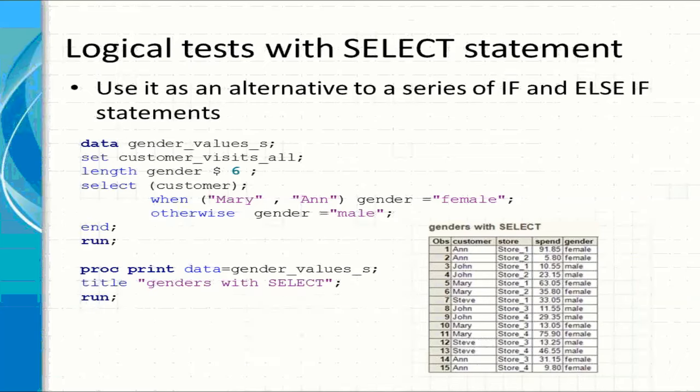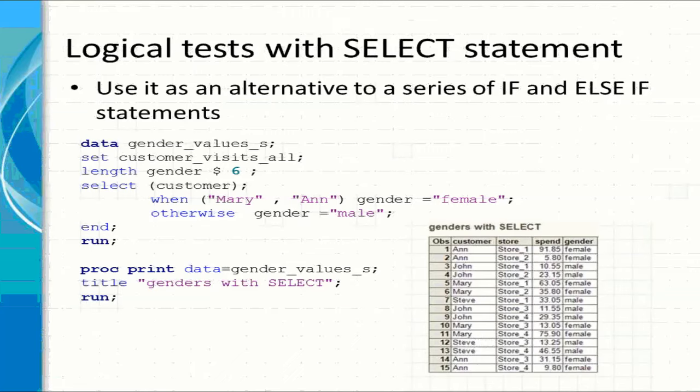Now we can also use the select statement to run logical tests, and it's very neat when you have multiple conditions, and say if you were to use the if and the else if approach, you'd need lots of those. With the select statement you can just test multiple conditions.